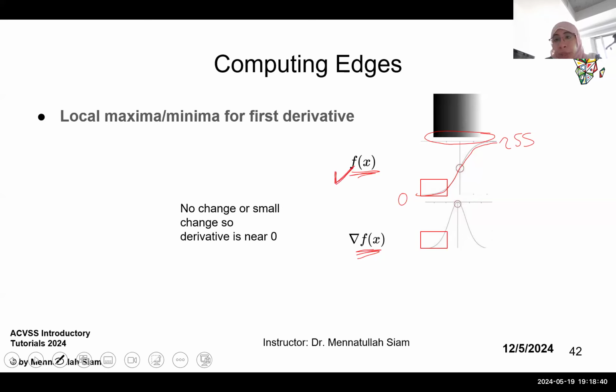If you're trying to get the first derivative, you see the rate of change. Do you think this is increasing or decreasing at this point, in this small square? Is it increasing or decreasing?